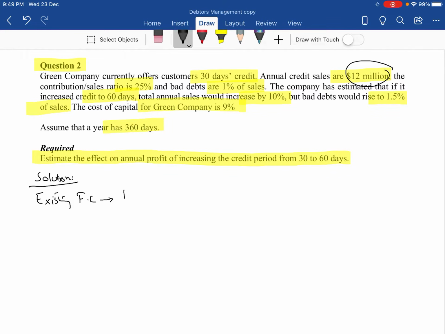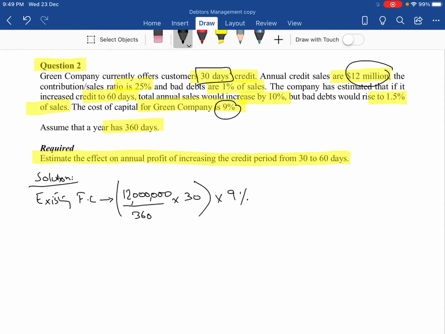The sales figure given is $12 million, and that is for 360 days. And since the current credit period is 30 days, the account receivable figure will be equal to 30 days of sales. So we need to multiply it by 30 to find out the 30 days sales, which will be equal to the current receivable figure, and multiply it by the cost of finance, that is 9%.